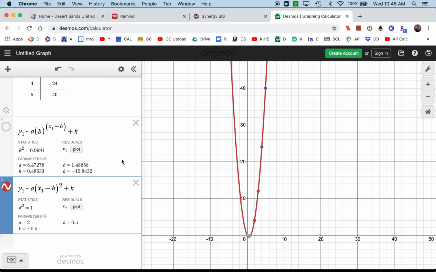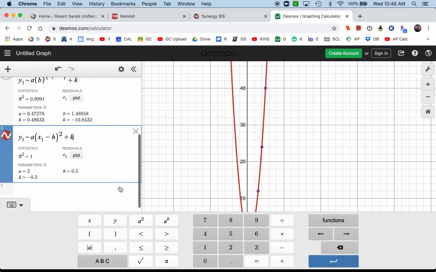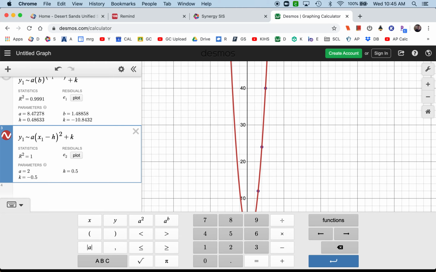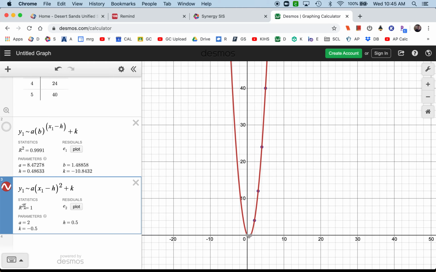And again, if I look at the red, I was trying to create a domain restriction here so you could see it. But obviously ignore the parabola to the left because anything to the left is not what we're looking for.